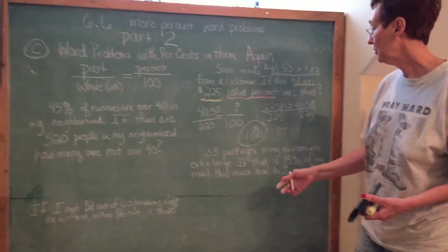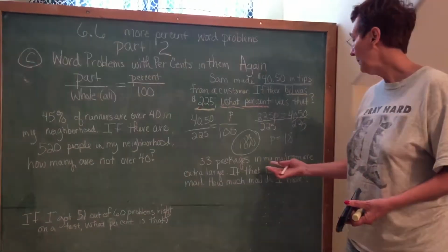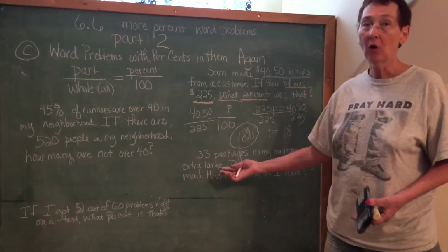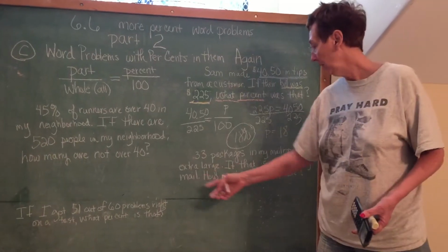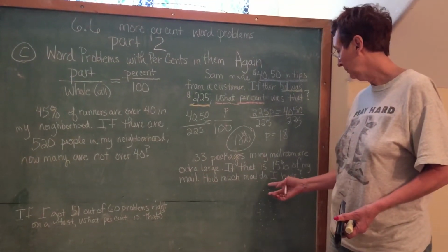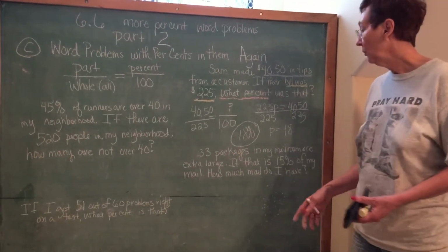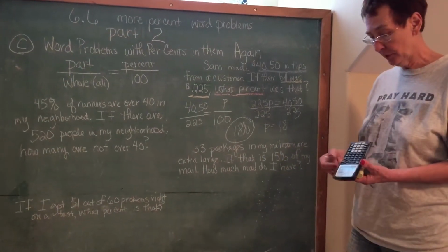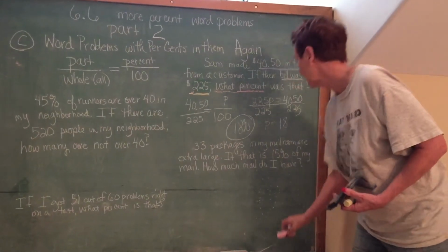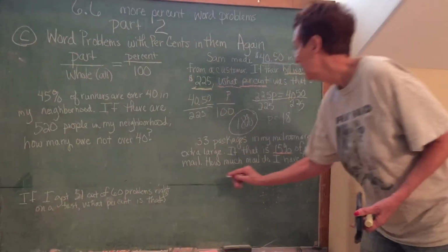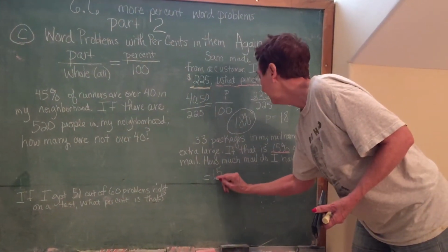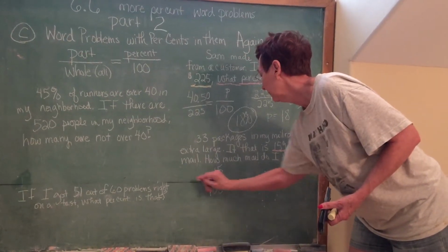In our second example, 33 packages in my mailroom are extra large. If that is 15% of my mail, I want to know how much mail I have. Once again, I have to identify my parts. The percent is the easiest one because it's right there with the percent sign, so I know I'm going to have 15 over 100.